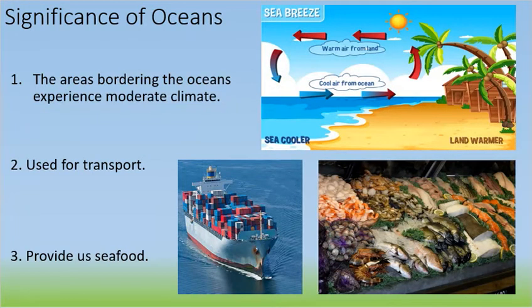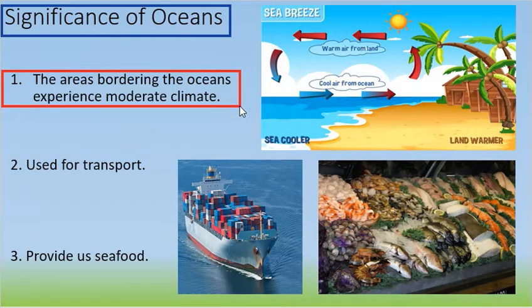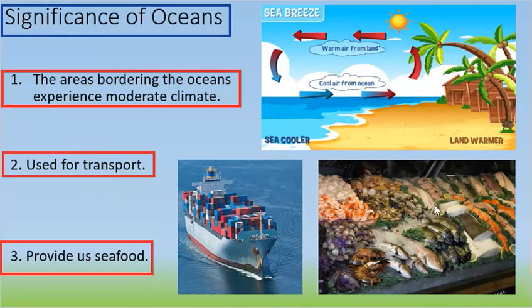Now, let us see the significance of oceans. The areas bordering the oceans experience moderate climate. By the picture, you are able to recognize they are used for transport. Next, they provide us seafood.